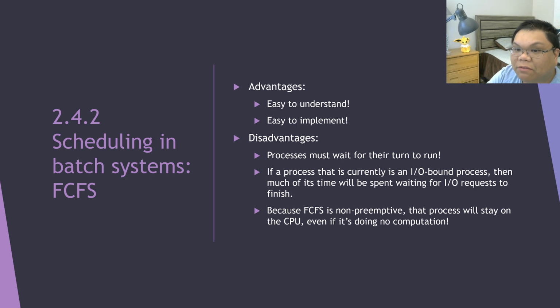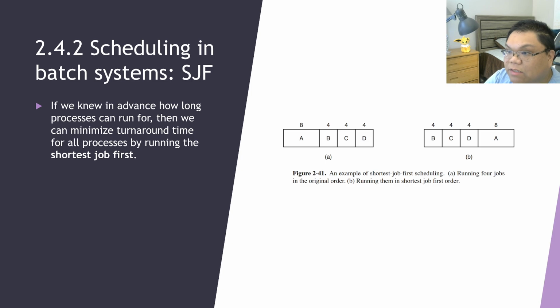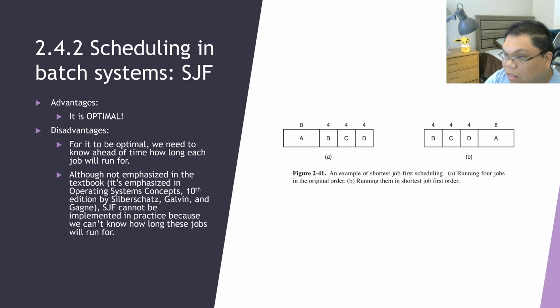And then the next process after that with the second shortest runtime, and so on and so forth. That is the basis behind shortest job first, or SJF. The advantage of this is that it is optimal. There's a way we can prove that we can get the lowest waiting times possible.